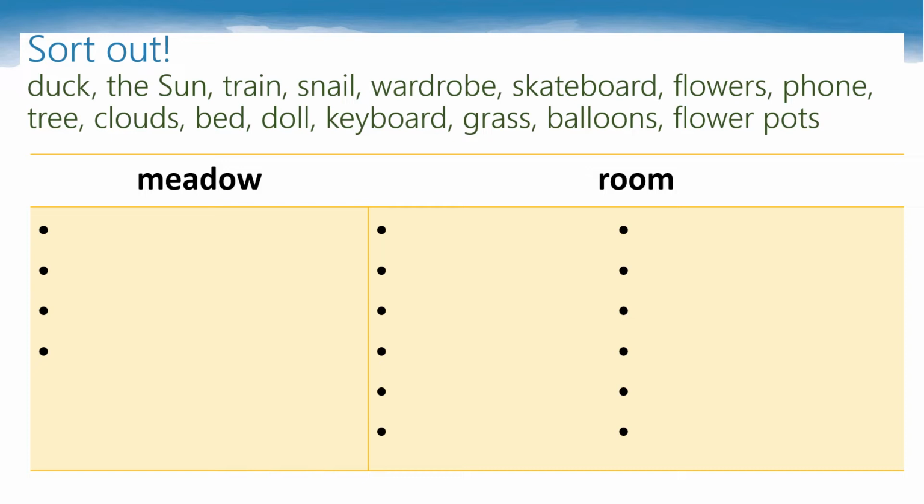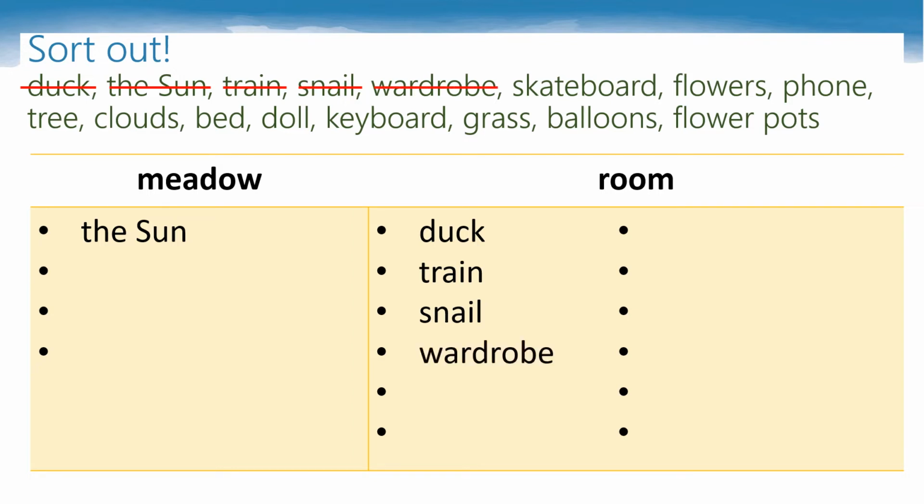Okay, let's go. Duck belongs to the room. The sun goes to the meadow. Train in the room. Snail goes to the room as well. Wardrobe, in the room, right. Skateboard, also in the room. Flowers are in the meadow. Phone is in the room.